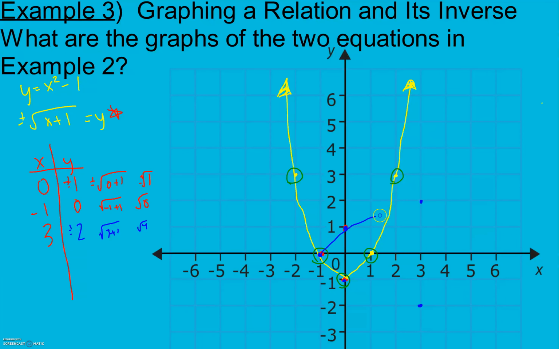So again, you can either take a table of values, or we can flip-flop our x's and y's. And this is what we get for our inverse.